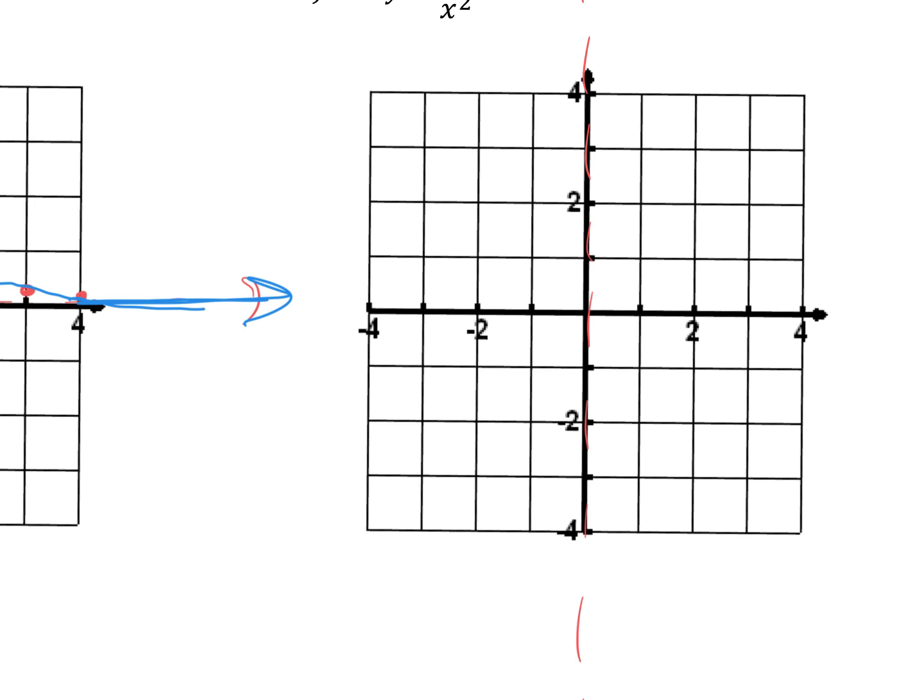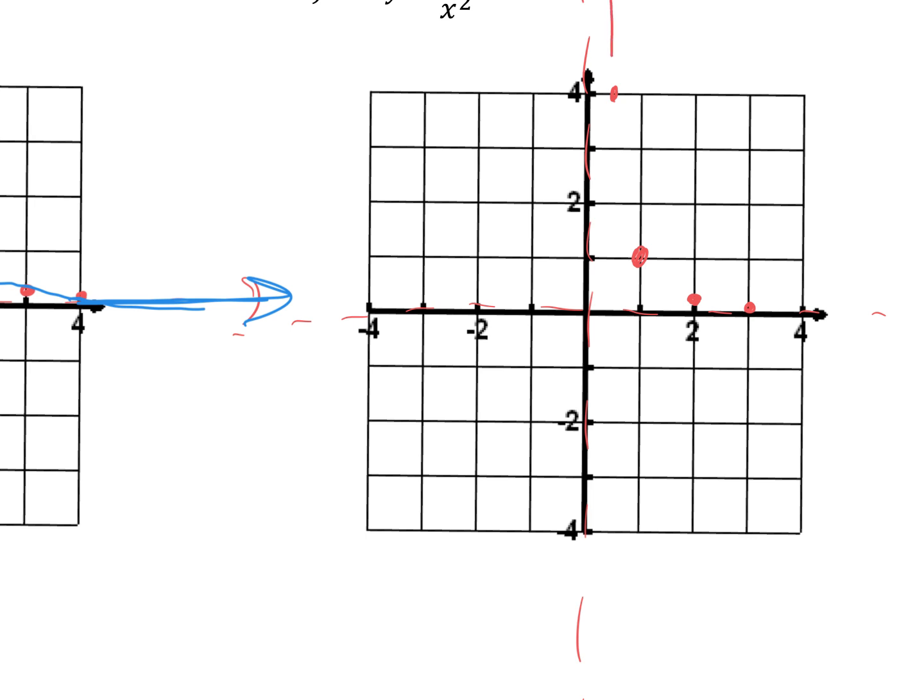I have a horizontal asymptote at 0 as well. When I do x is 1, I get 1. When x is 2, I get 0.25. Woo! This one's growing and shrinking quicker. When x is 3, I get 0.11. So we're just getting really close to those asymptotes. If I did x is 0.5, I'm going to get 4. Wow.